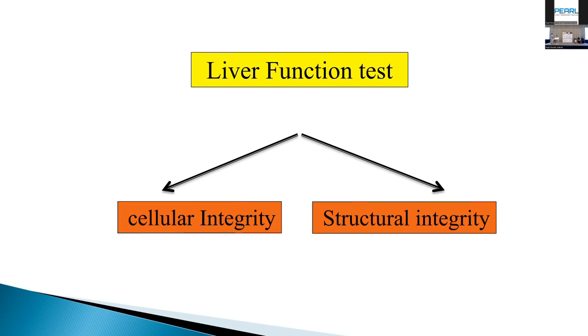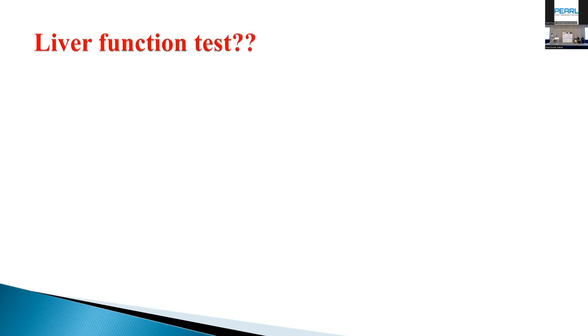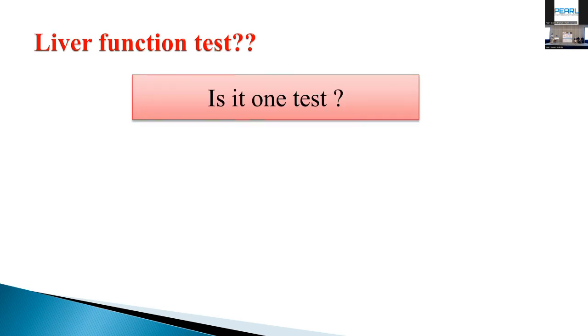So first, let's go into the cellular integrity: what the tests are and how we actually look into it. So what is a liver function test? Is it one test? It's multiple tests. A liver function test is not a single test.